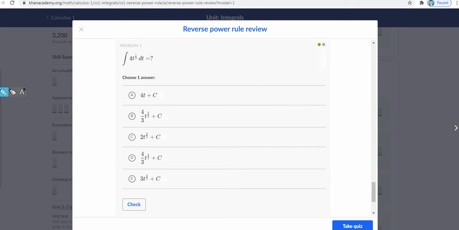Alright, so here is another one. It says it's 4t to the power of 1 over 3, and we have to integrate it. So its integration will be like 4 integral sign t to the power of 1 over 3 dt. So it will be equal to 4 times bracket t to the power of 1 over 3 plus 1 whole divided by 1 over 3 plus 1 plus constant.